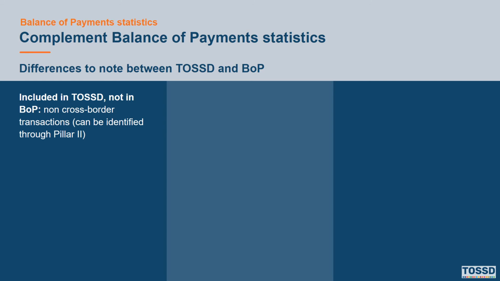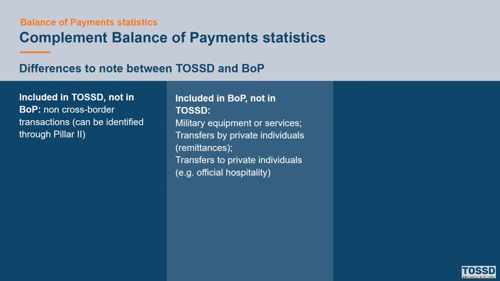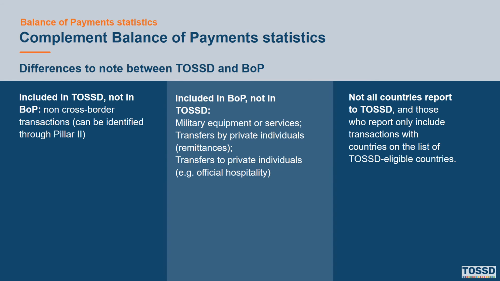There are some things that are included in balance of payments but not in TOSSD, for example military equipment or services, transfers by private individuals, for example remittances, or transfers to private individuals, so official hospitality. And not all countries report to TOSSD, and those who report only include transactions with countries in the list of TOSSD eligible countries.